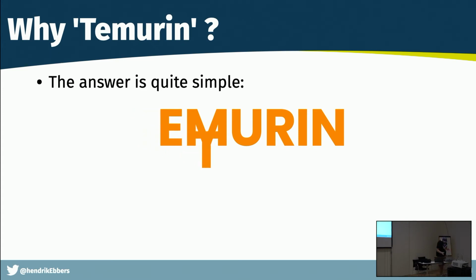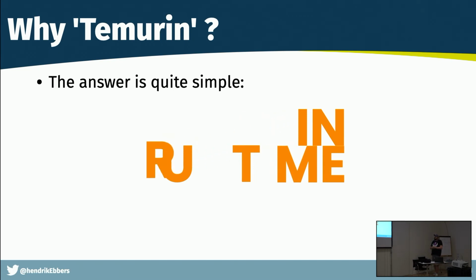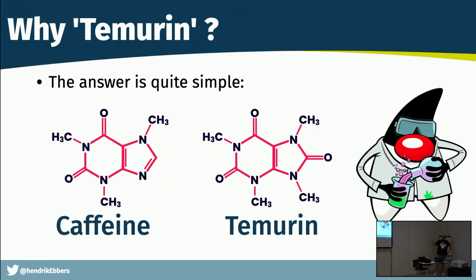So first of all, fair enough, right? But somebody already mentioned this. This is only half of the truth. Next to this, tamarin is the chemical, not element, I don't know, chemical thing that is the nearest one to caffeine that we have in our world.